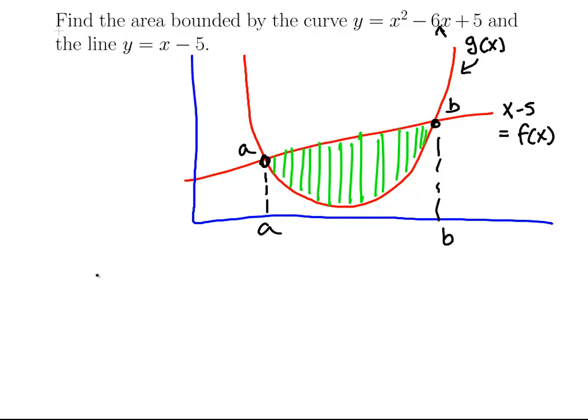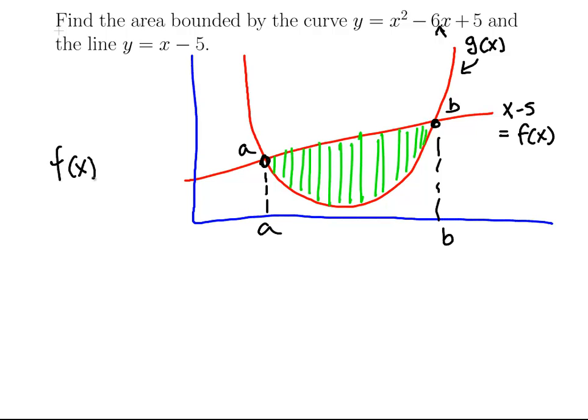If you were to go f of x minus g of x, or have the opposite, I've just made an educated guess that it'll come out as a positive number. But if you went the opposite, you'd just get a negative value at the end, and you can just change the sign.